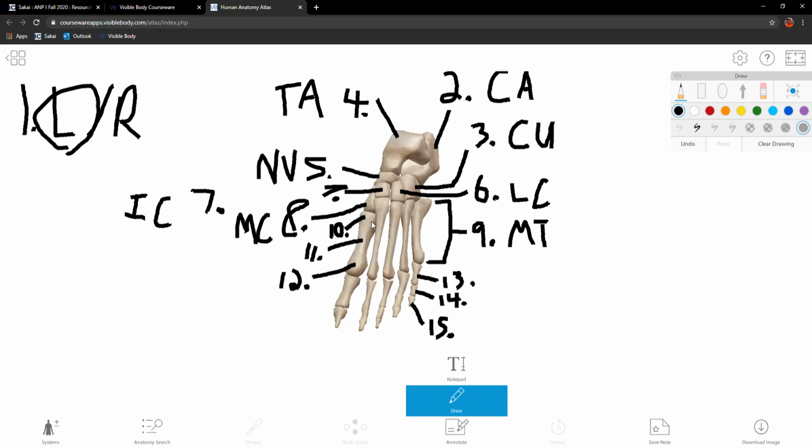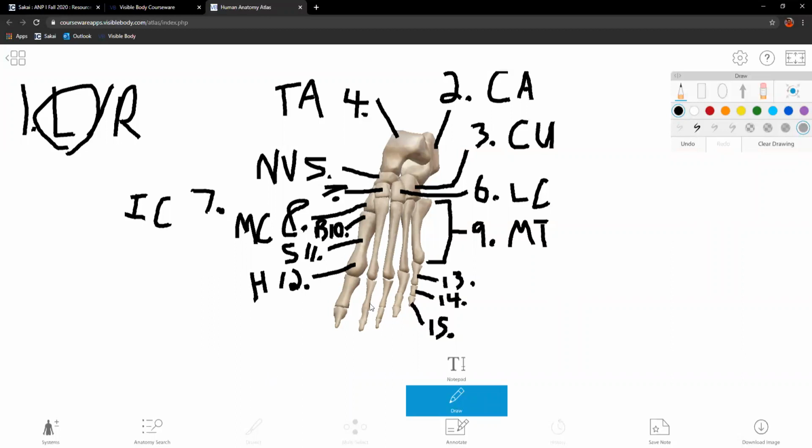Number 10 is going to be the base of the metatarsal. Number 11 will be the shaft of your metatarsal. And then number 12 is going to be the head of the metatarsal.